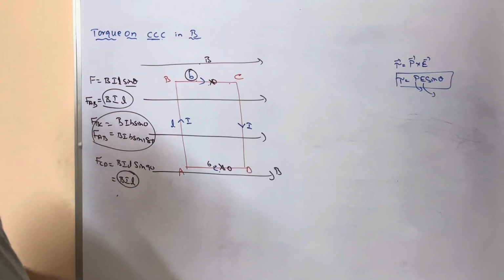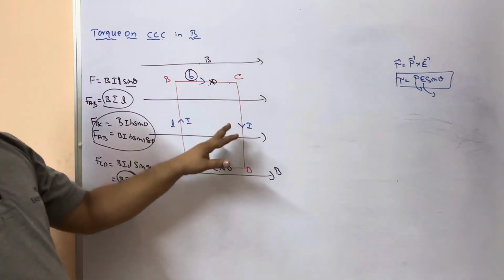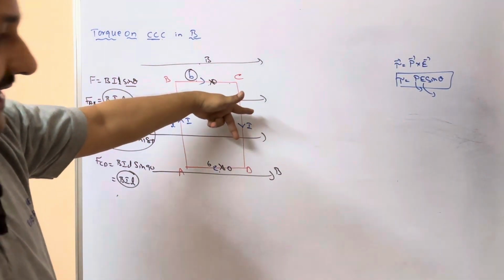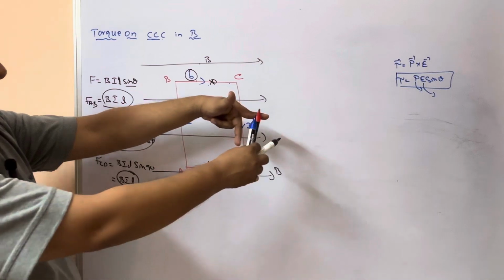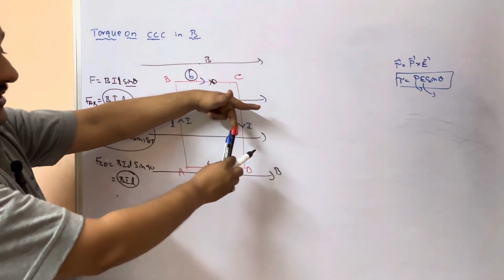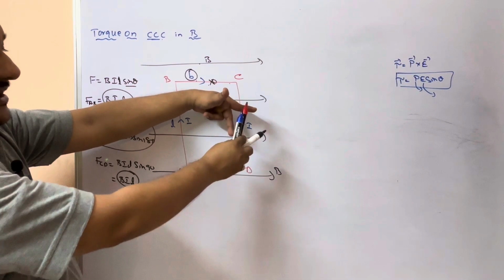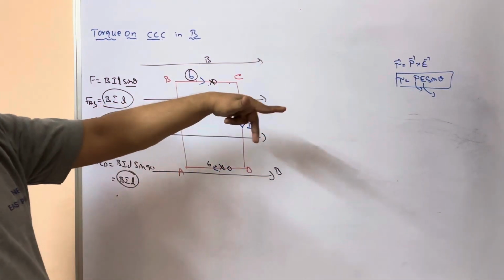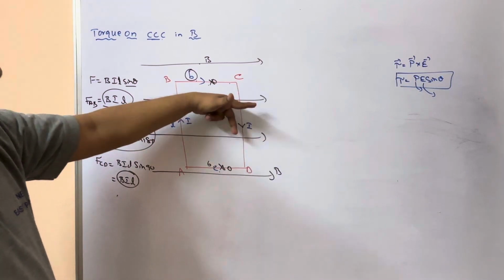How is this force acting? Direction. If you want the direction, we can calculate in two ways. One is by using Fleming's left hand rule. Here current is going downwards. Magnetic field is to the right side. So the forefinger represents field, the center finger represents current, and the thumb represents the direction of the force.